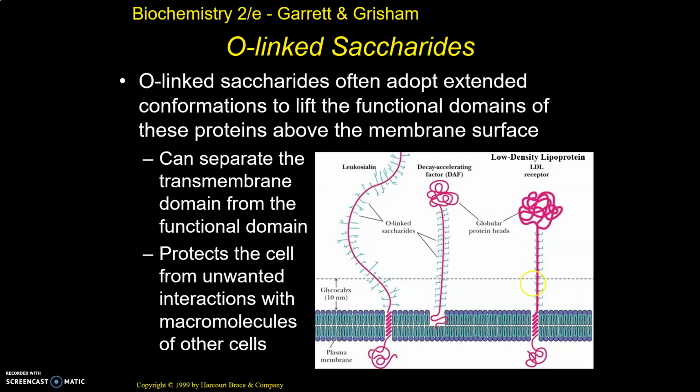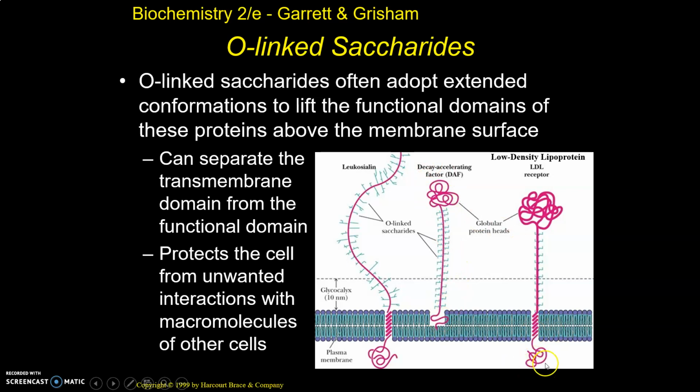All right. So these O-linked saccharides make these extended conformations to lift functional domains of these proteins above the membrane surface. So you see that they can actually go straight through the plasma membrane. They can sort of go into the center and chill out there, right?